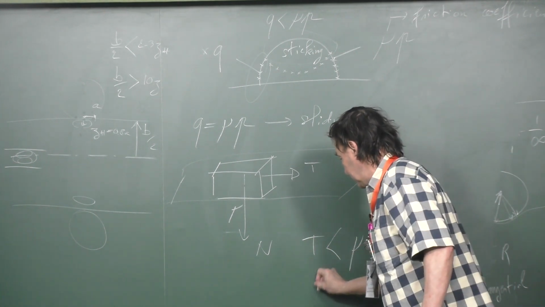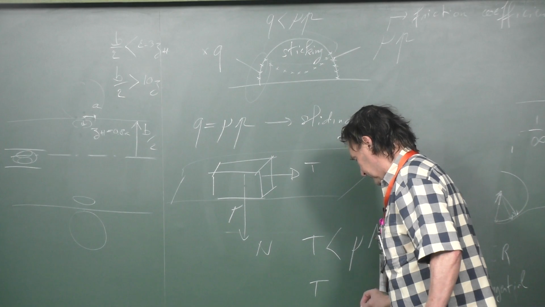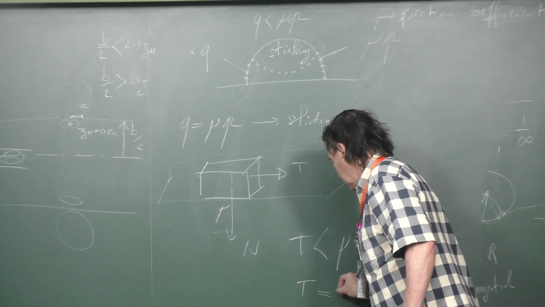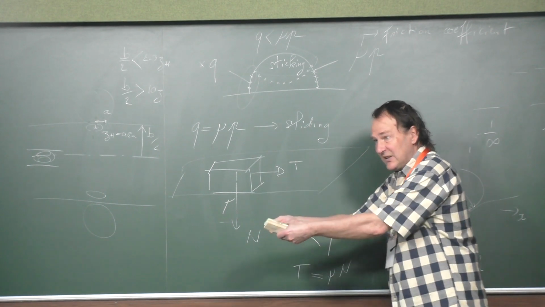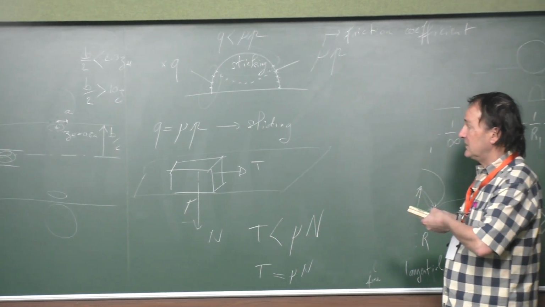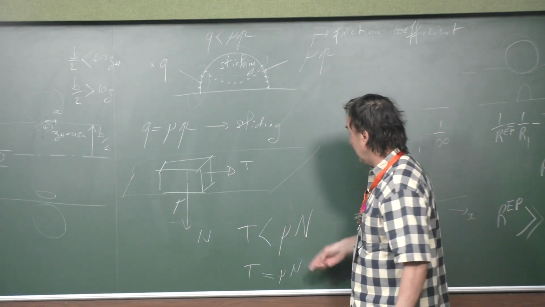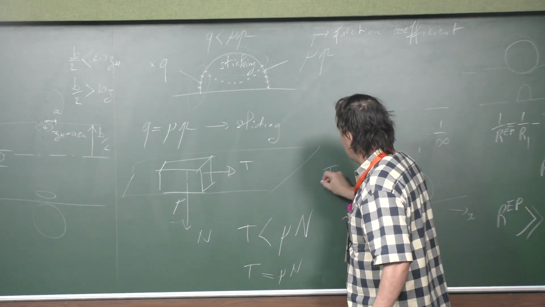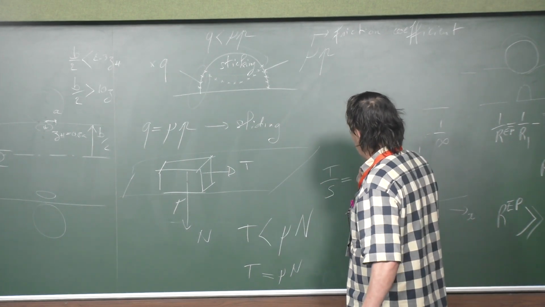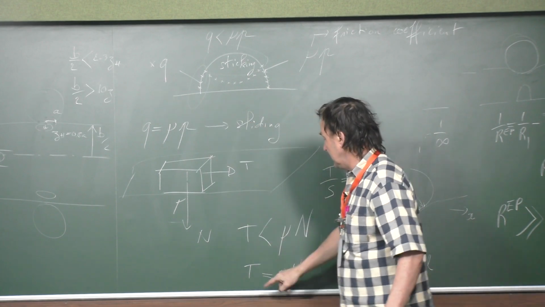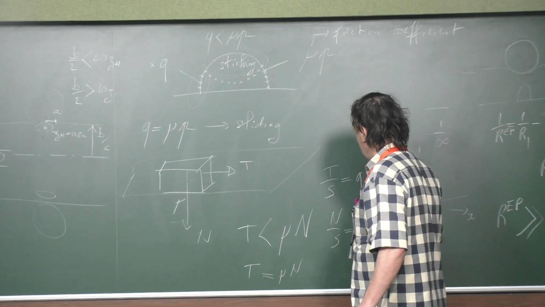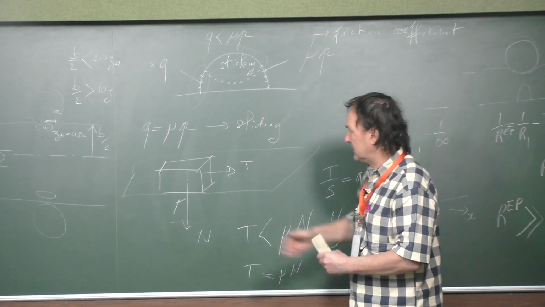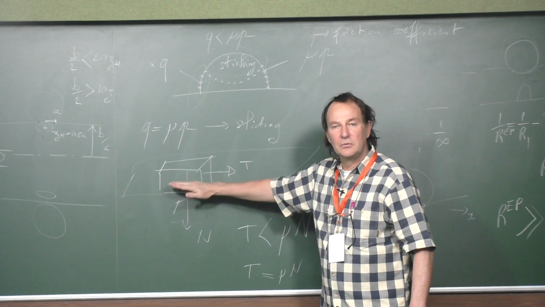And when you reach the limit, it cannot be higher. When you reach the limit, it will start to slide. Okay? Then this is the same here. We just divide T divided by the surface is the shear stress, Q, and N divided by the surface corresponds to the pressure. If you assume that this is a uniform loading.